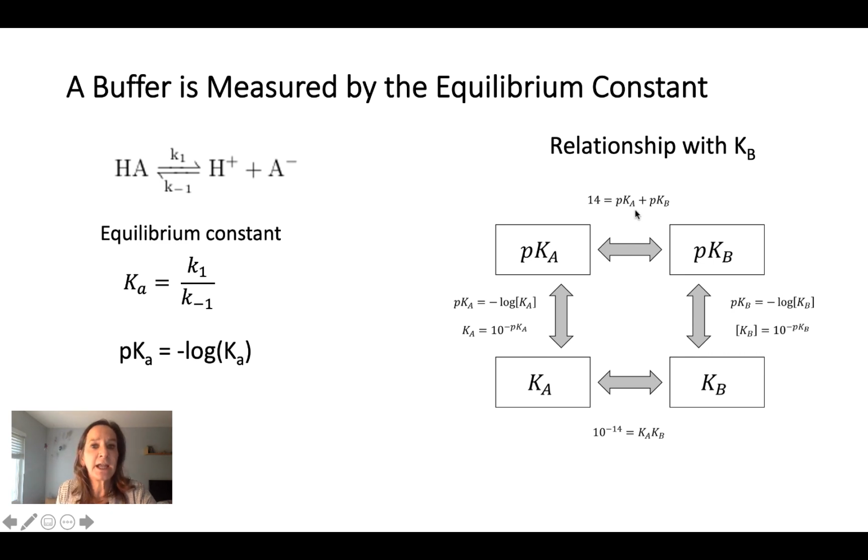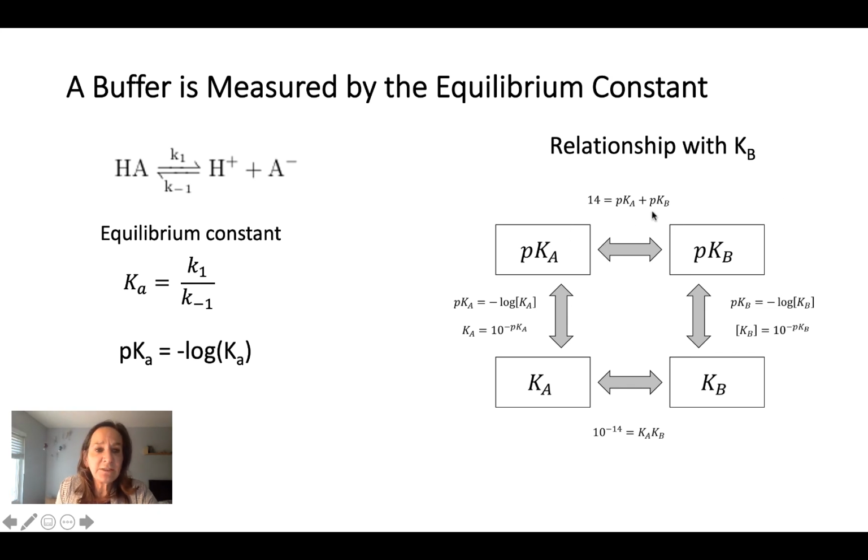The pKa plus the pKb is equal to 14. So again, the pKa is the negative log of the Ka, being the equilibrium constant of a weak acid and its conjugate base. The pKb is equal to the negative log of the Kb, where Kb is the equilibrium constant of a weak base and its conjugate acid.